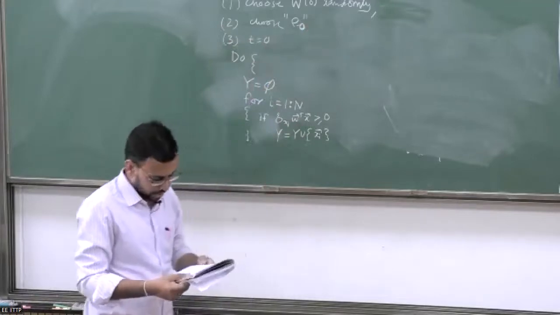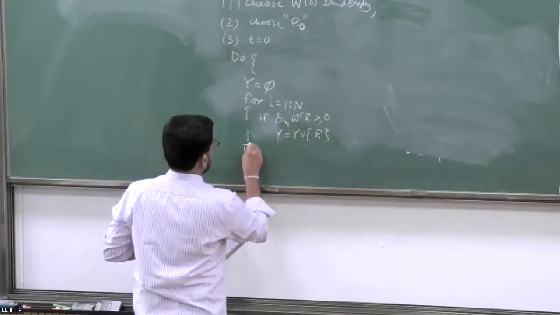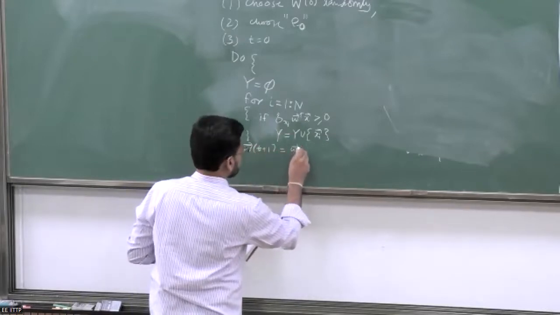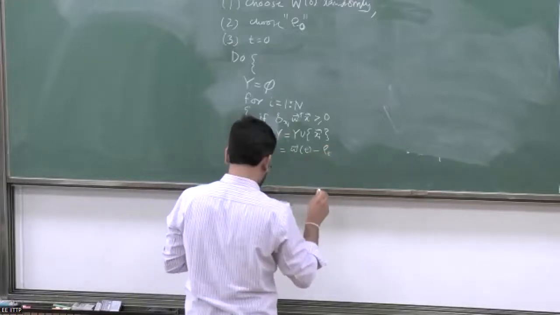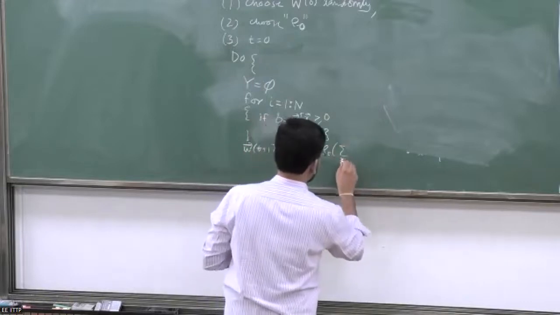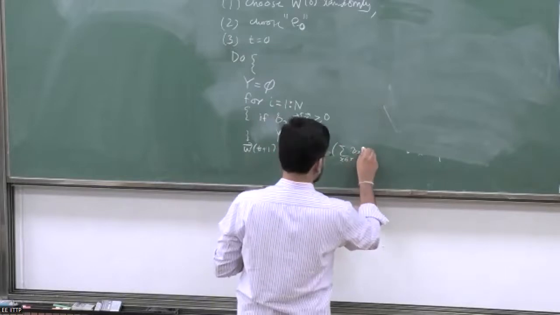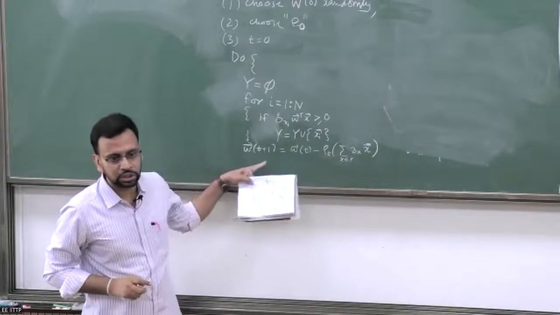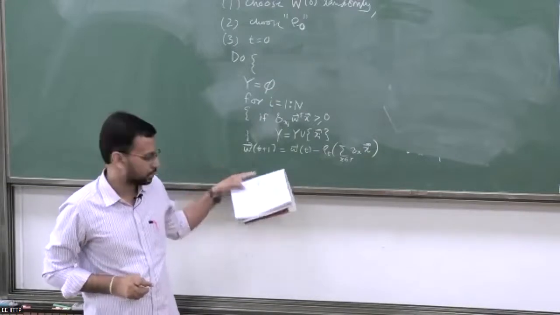After that, what you do? You do w bar of t plus 1 equal to w bar of t minus rho t times that whole equation you could write here, for all x that belong to Y, delta x times x bar. You find out the new estimate for this weights vector.